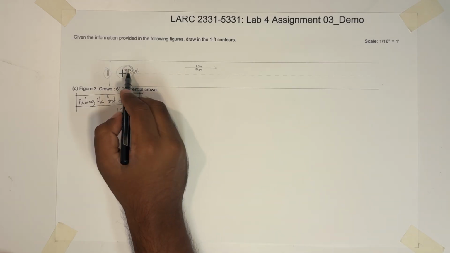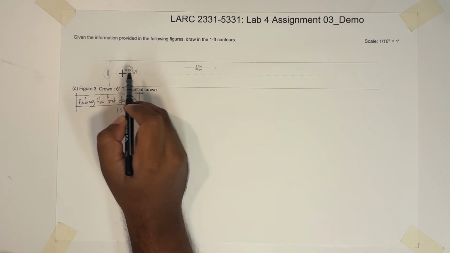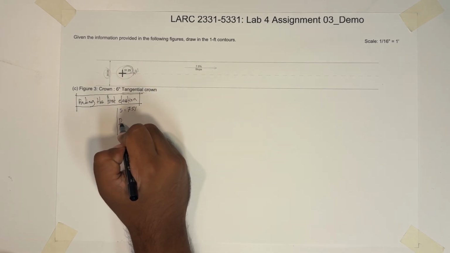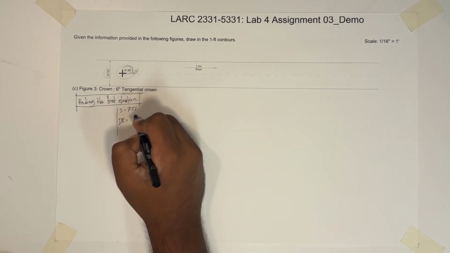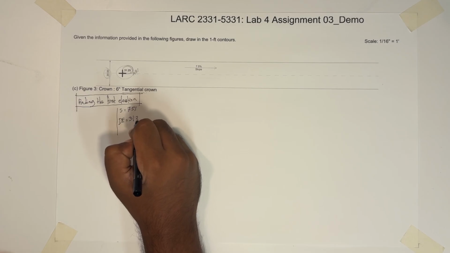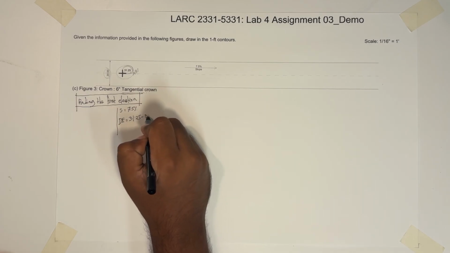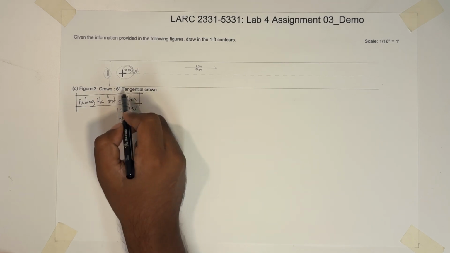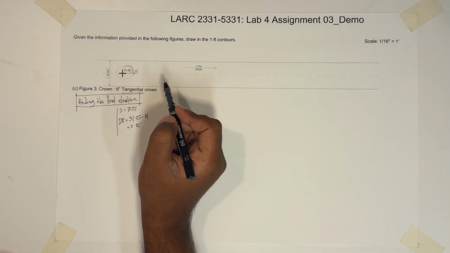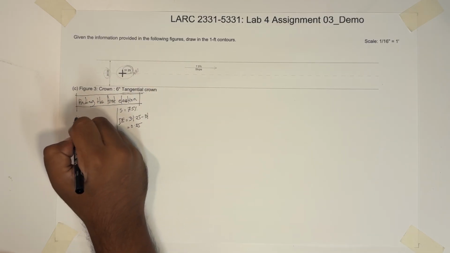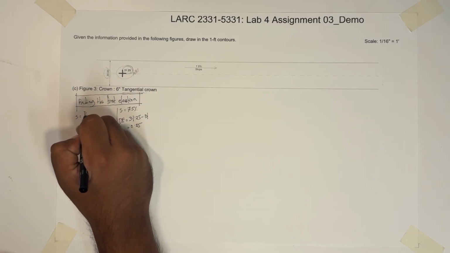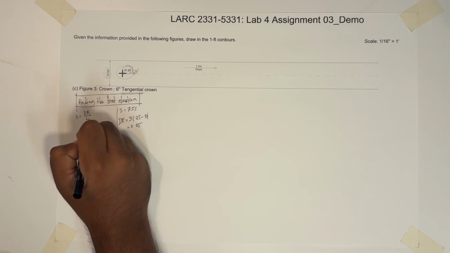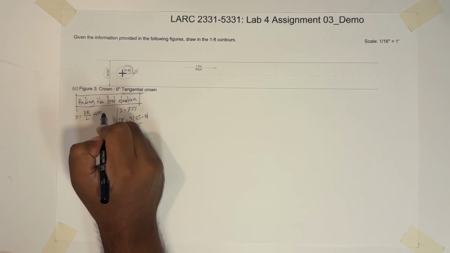We know the elevation difference between 31 and 31.25, so dE is 31.25 minus 31, that is 0.25. We don't know L and we need to calculate for L. So S equals dE by L into 100.